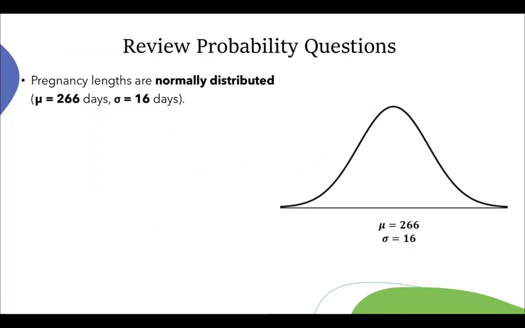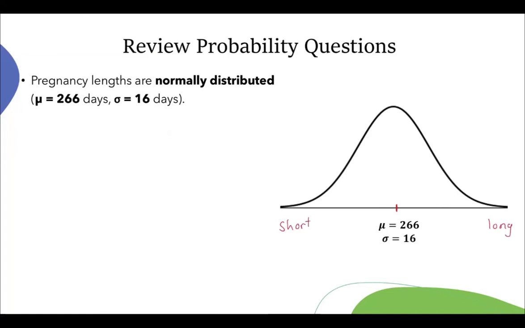Pregnancy lengths are normally distributed. The mean is 266 days. The standard deviation is 16 days. So we draw our normal distribution and we label the center with 266. Pregnancy lengths that are long are on the far right, and pregnancy lengths that are short are on the far left.